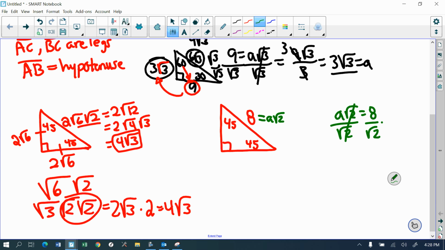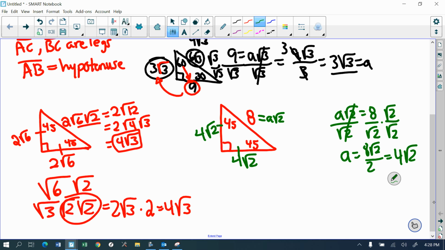Can't have a radical in the denominator, so I must rationalize the denominator. Multiply by root 2 over root 2 to get rid of that radical. I get 8 root 2 over 2, and that simplifies down to 4 root 2. And so both of these are 4 root 2, since they're isosceles.